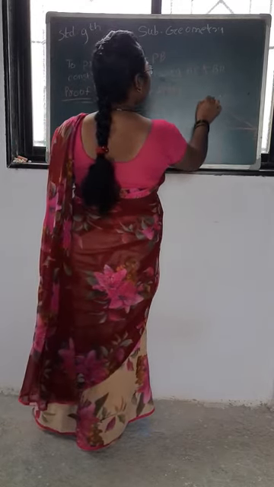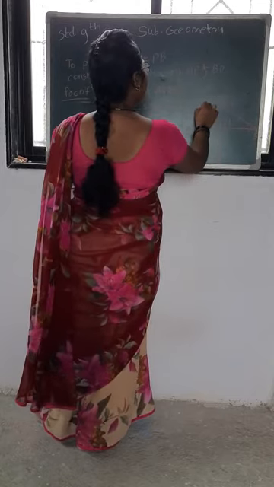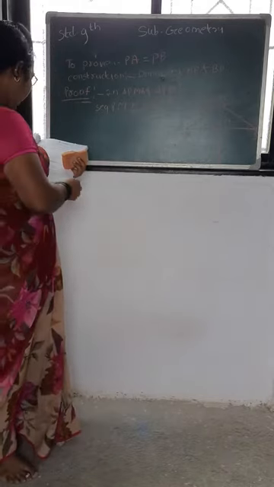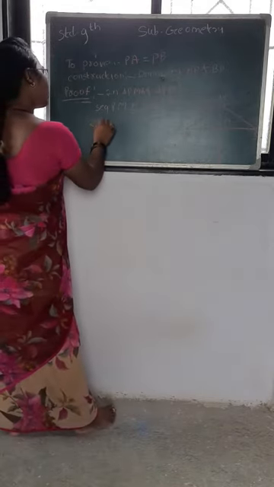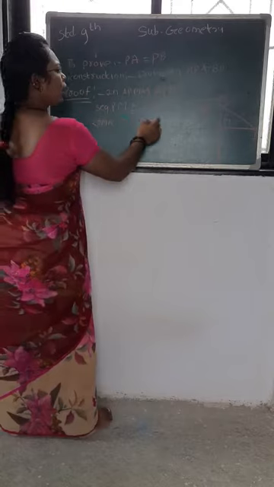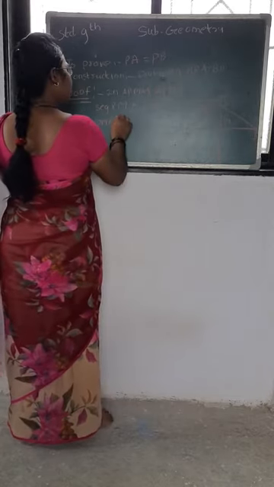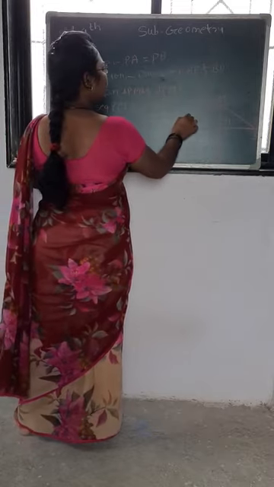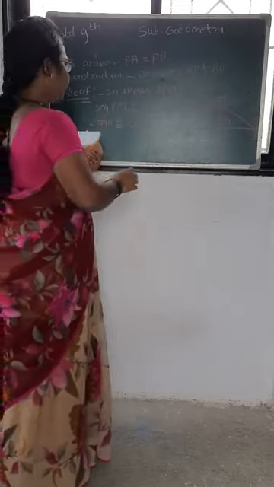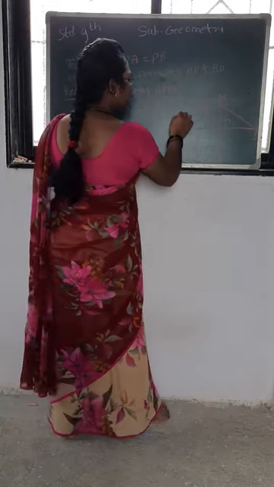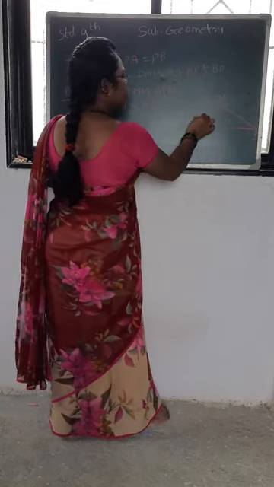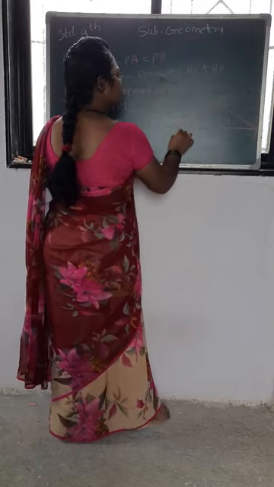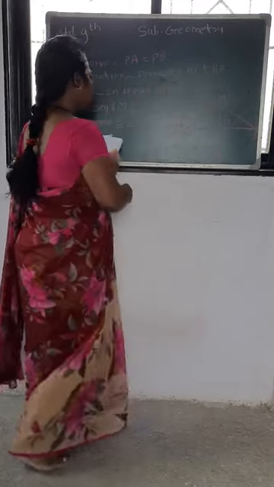Next, angle PMA is congruent to angle PMB, the reason is each is 90 degree, or each is a right angle.